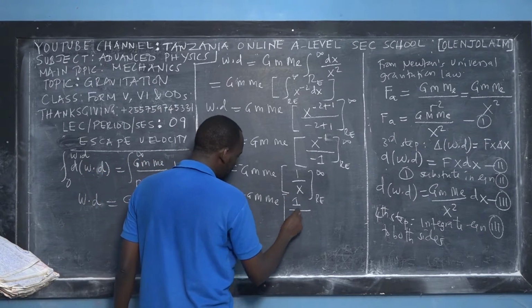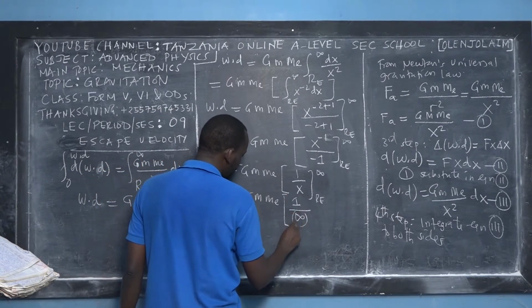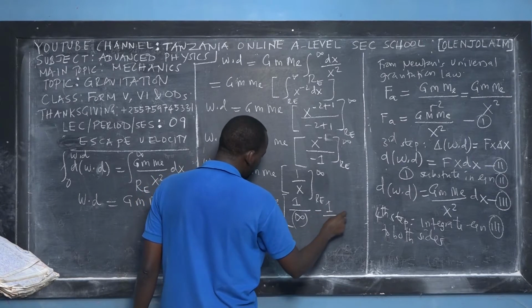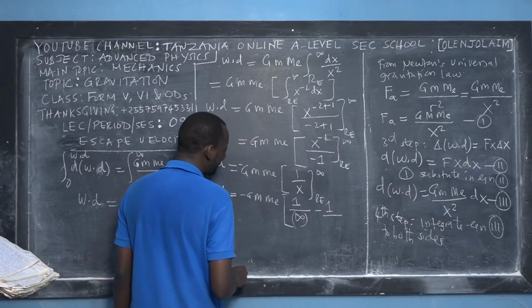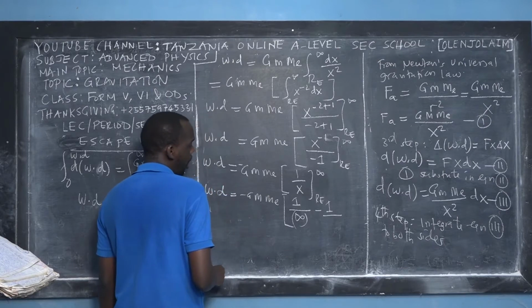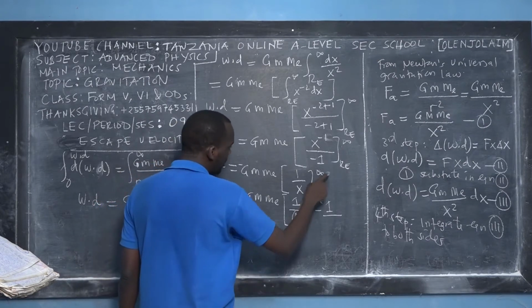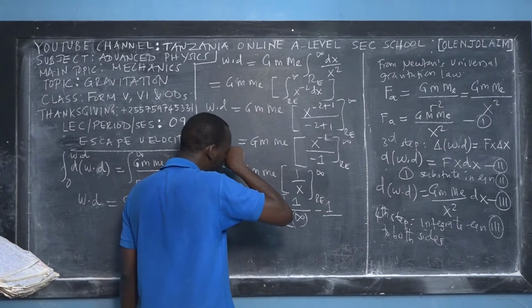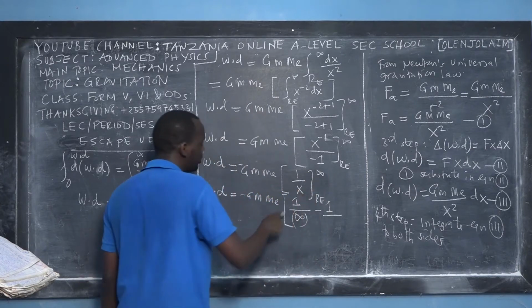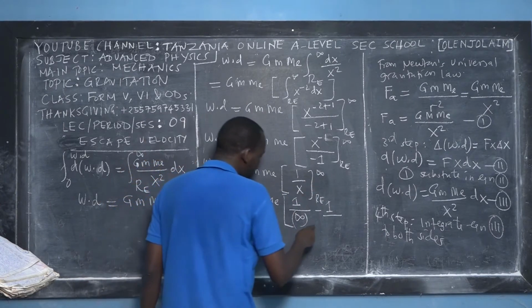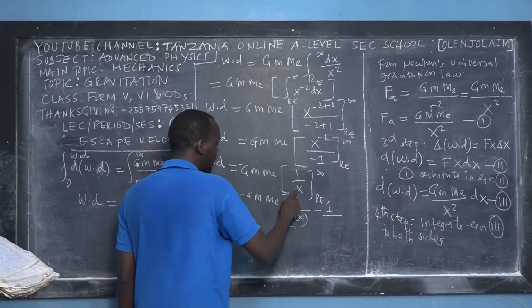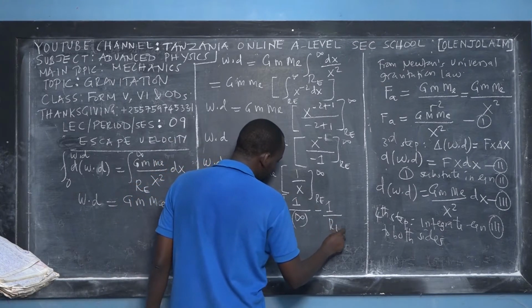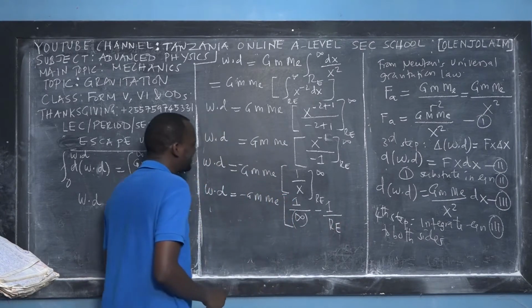So the value of x for this case is infinity, minus 1 over what? Because what we are doing here, we are taking the value of infinity and substituting in x. And hence again we say minus 1 over, we take the value of RE substituting in x.